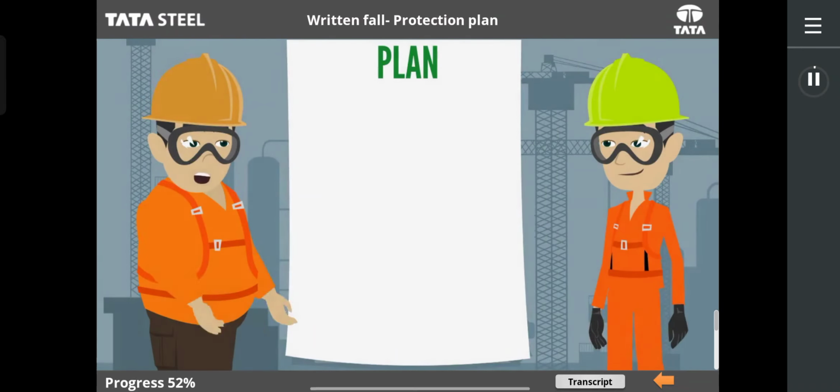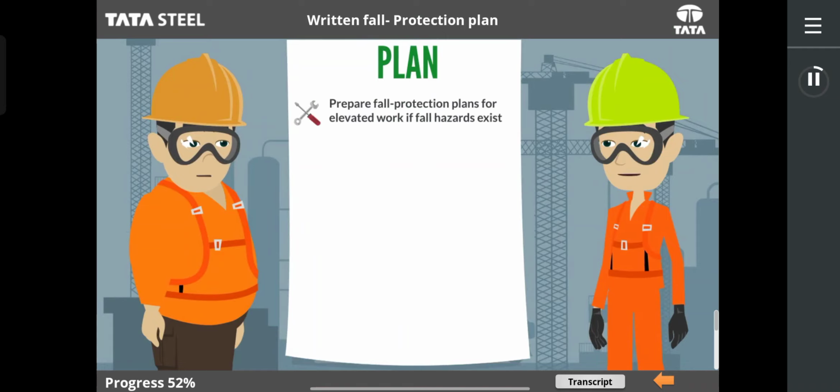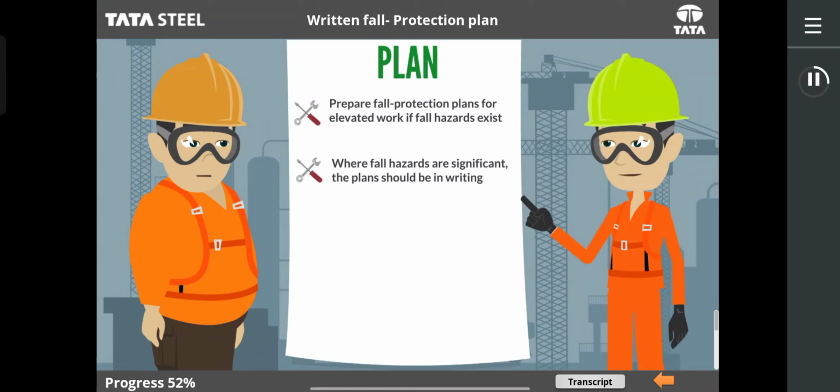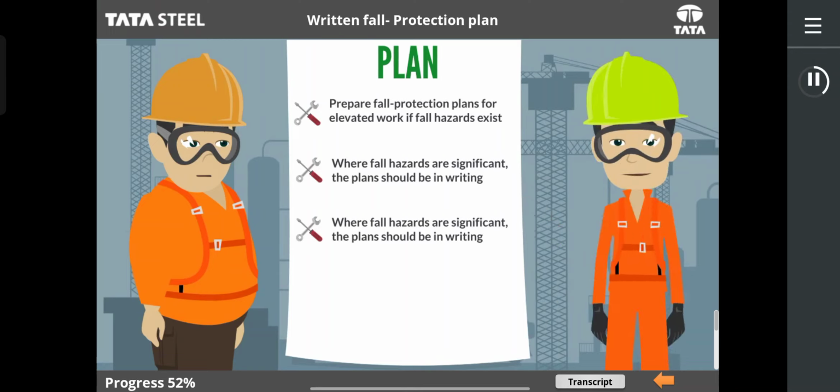Is it always required to create a written fall protection plan? Fall protection plans should be prepared for elevated work if fall hazards exist. Where fall hazards are significant, the plans should be in writing. Site management or supervision are responsible for determining which jobs require written plans.